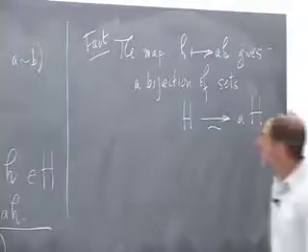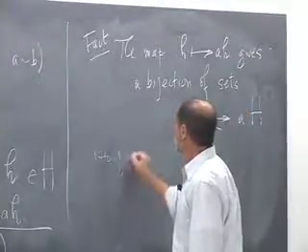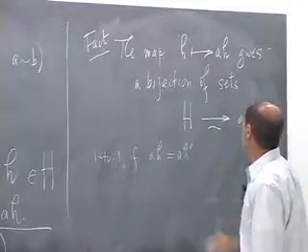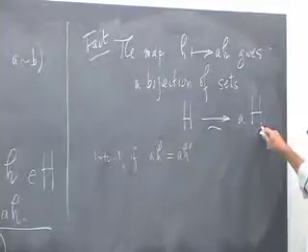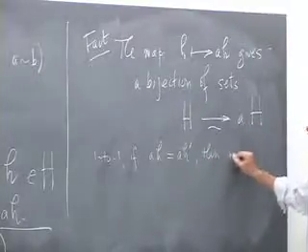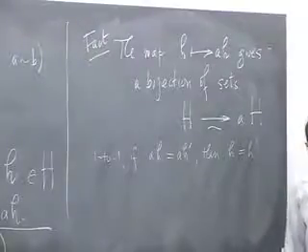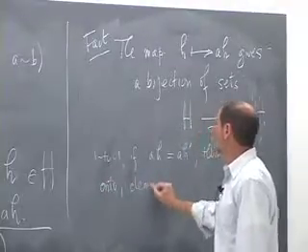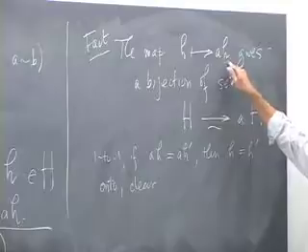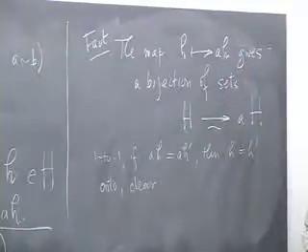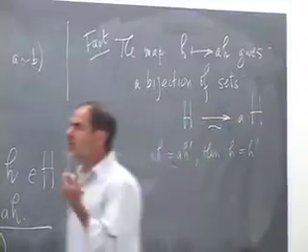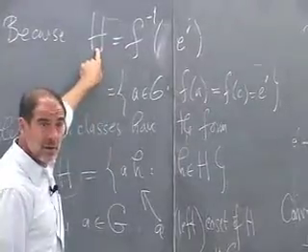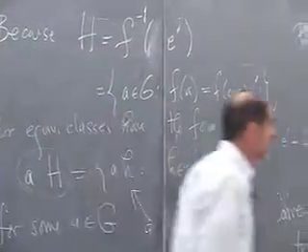It's one-to-one, because if ah is equal to ah prime, those are two different elements in this set, then h is clearly equal to h prime. Just multiply by a inverse. Onto? Clear, because the elements in this set are just things of the form a times an element in H. So the cosets are all in set theoretic bijection to H. In particular, if H is finite, the cosets all have the same number of elements.